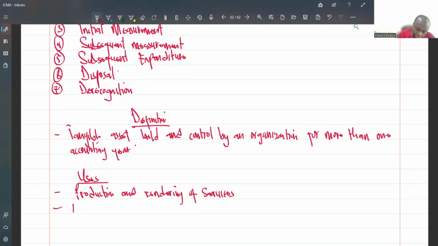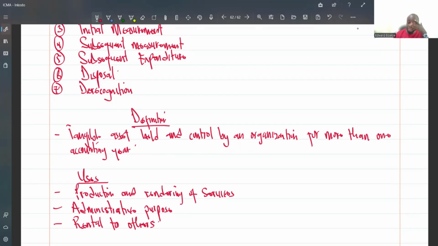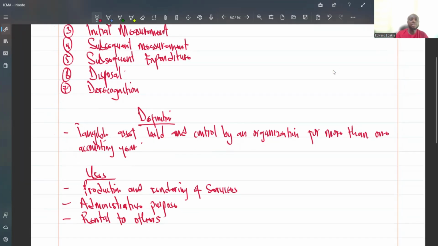It can also be used for administrative purpose, and also maybe rental to others. So if it is PPE, then this is the definition for PPE: it should be used for either production and rendering of services, administrative purpose, or rental to others. So this is the definition of PPE.